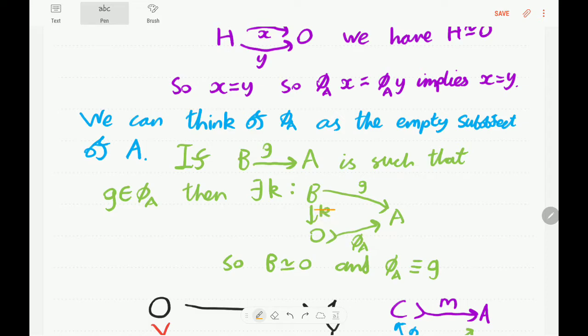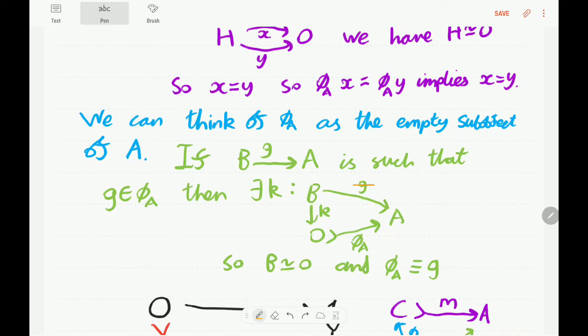But then the fact that there's an arrow K from B to 0, by our previous result, implies that B itself is an initial object. And that implies that G is a monomorphism.